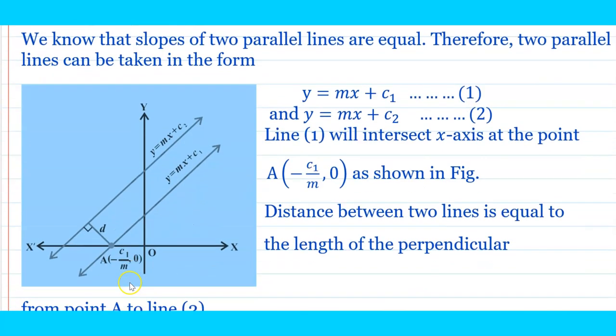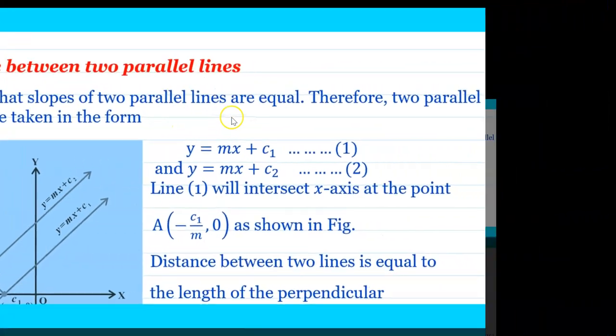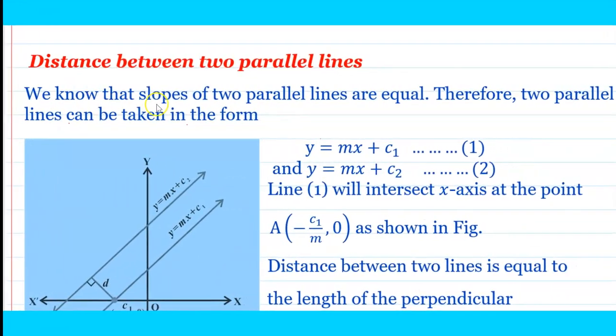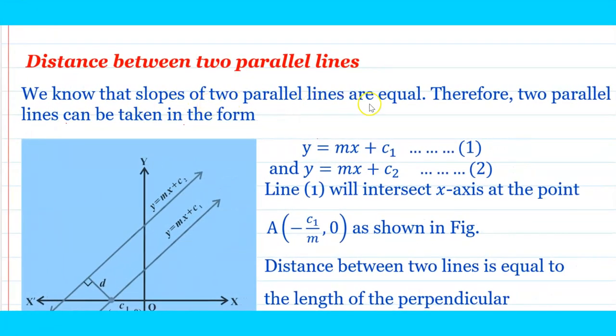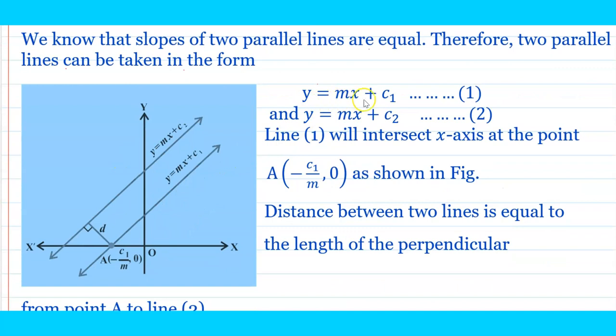Okay. Now the distance between two parallel lines. We know that the slopes of two parallel lines are equal. Therefore, two parallel lines can be taken in this form. y is equals to mx plus c1 and y is equals to mx plus c2. Both of them have the same slopes, but different intercepts on the y-axis.